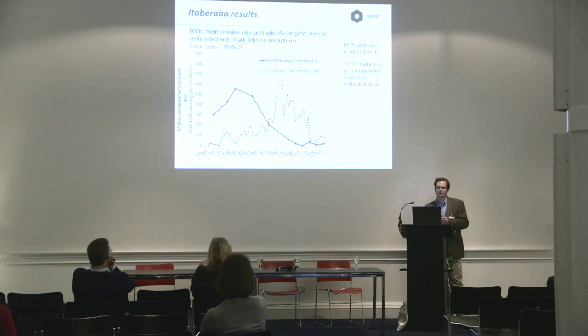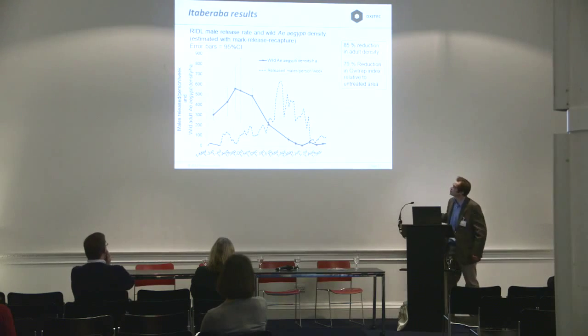Most other monitoring methods rely on indirect measures of adult population, and that has been a problem in monitoring Aedes for a long time. But because we're releasing mosquitoes and we know the numbers we released, we can use mark release recapture statistics to calculate the actual numbers of male and female mosquitoes. And those are the ones that transmit dengue.